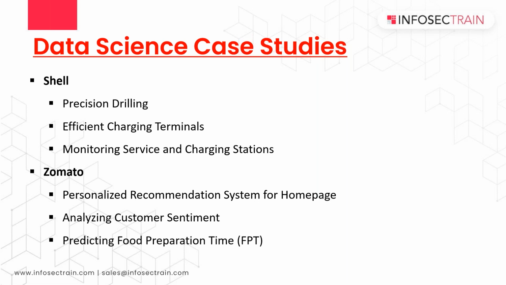That is a very popular business problem of data science, and Zomato cracked the code for that. Zomato implemented a machine learning algorithm to predict the food preparation time as well.